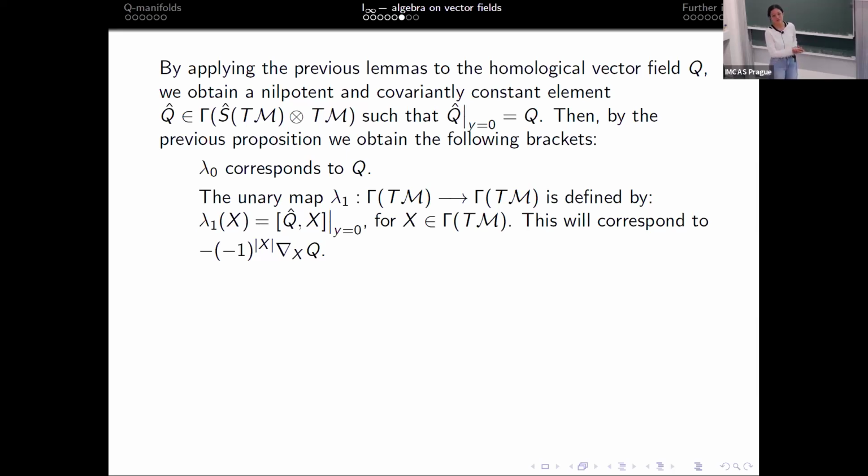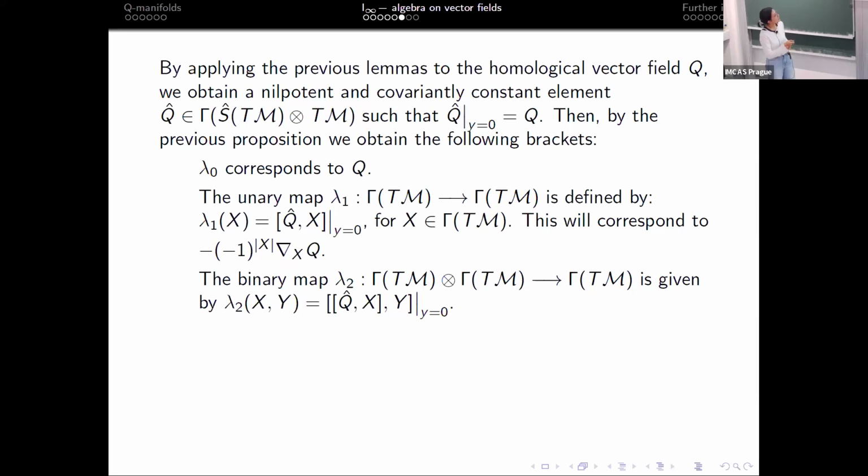In this case, I will have a curved L-infinity algebra, because you are taking any point, so you can have a curvature term. In this case, the unary bracket will be given by this expression here. If you take any vector field x, you will need to apply the covariant derivative along x of q.